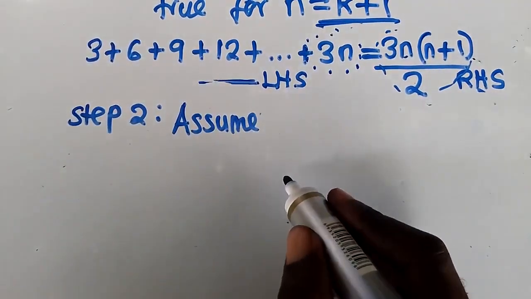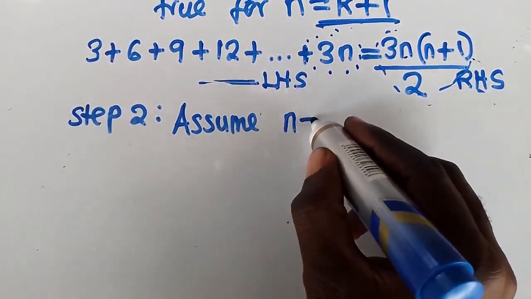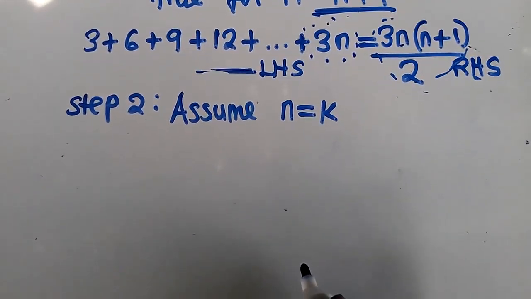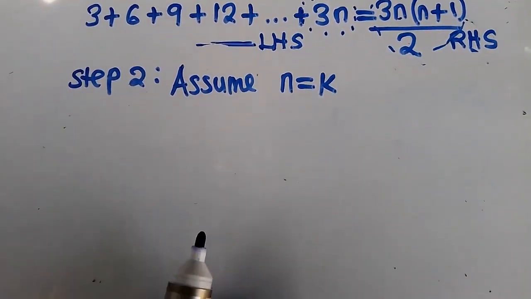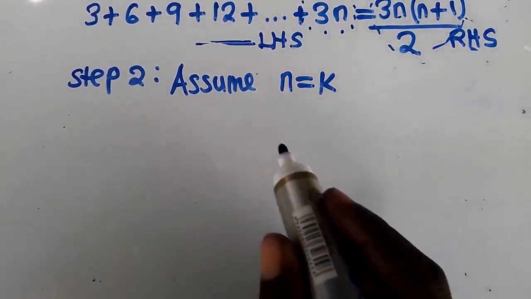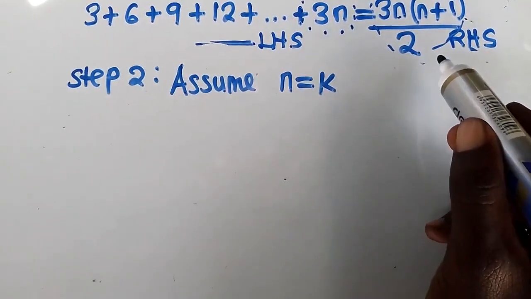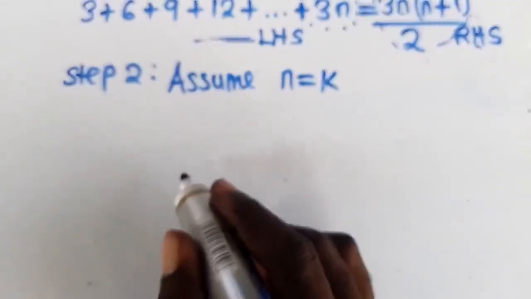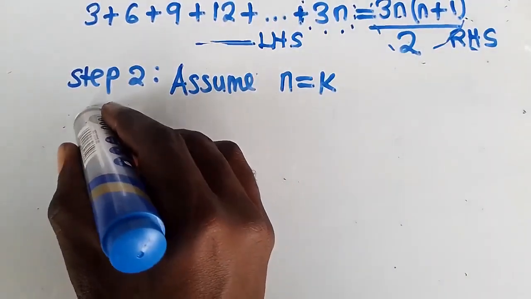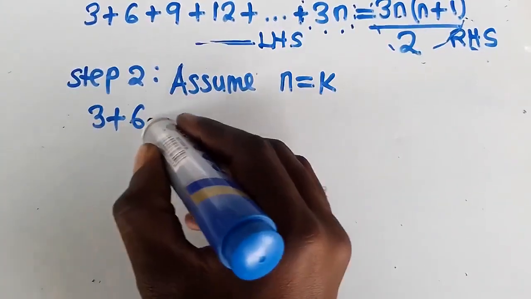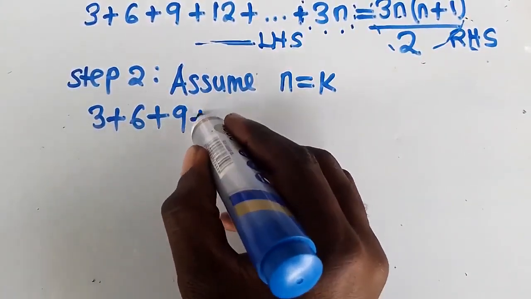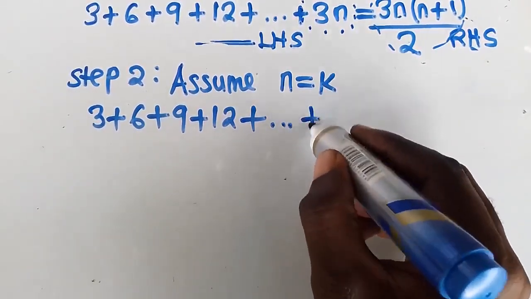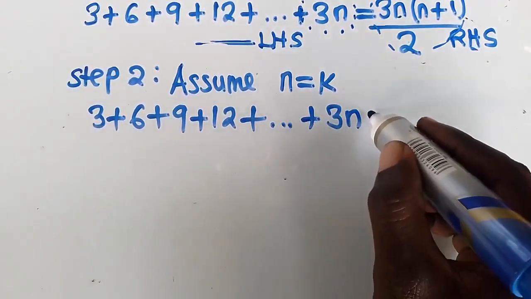We assume that the statement is true for n is equal to k. So in this statement, where there is n, I'm going to put a k. I'm going to have 3 plus 6 plus 9 plus 12, and so on, plus 3n.